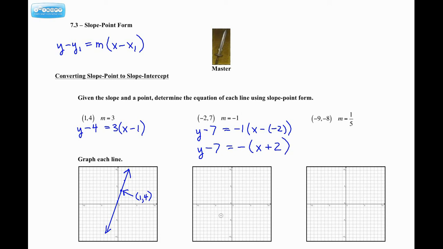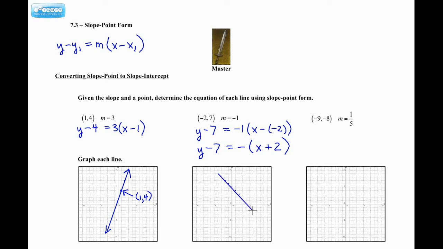So let's graph it. Our point is -2, 7. So that is right there. And we know our slope is -1, or -1 over 1. So we go down 1, right 1, down 1, right 1, and so on. So that is enough for our line.